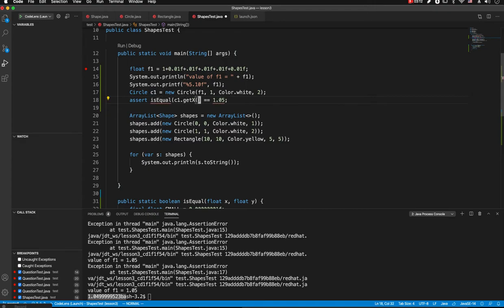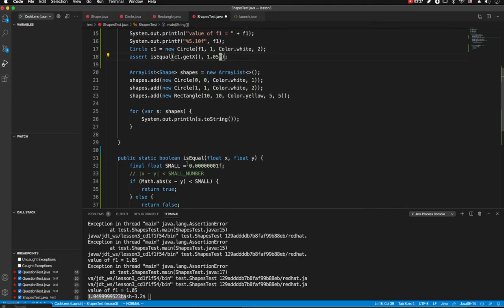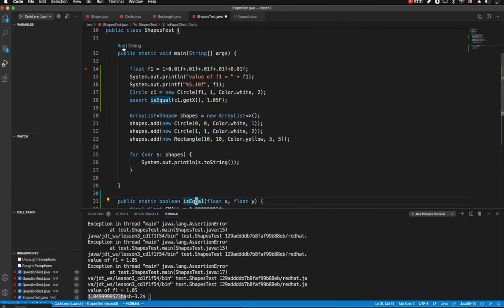So this is the first floating number, and what you expect is this second floating point number, suffix f is required. Then we are checking the difference against this one so that it will return okay or not.